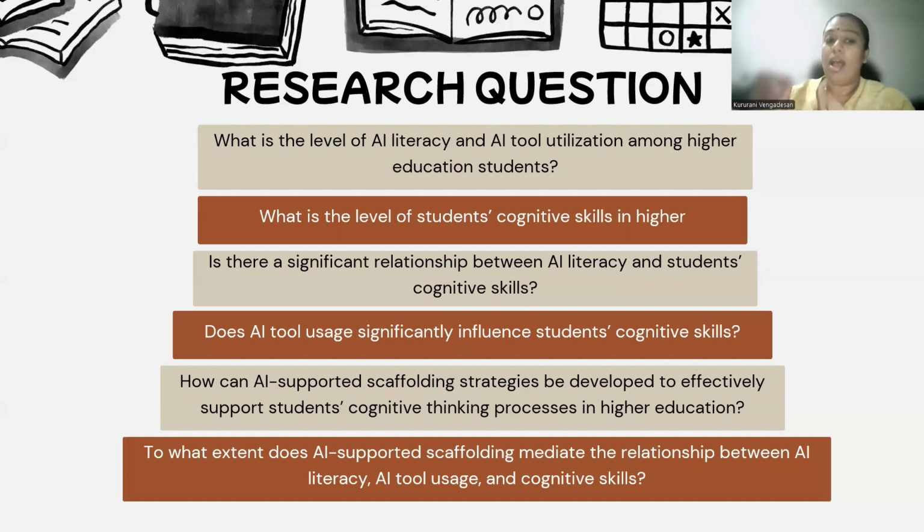Fifth is, how can an AI-supported scaffolding strategy be developed to effectively support students' cognitive thinking processes in higher education? And lastly, to what extent does AI-supported scaffolding mediate the relationship between AI literacy, AI tool usage, and cognitive skills? So these are the research questions that are going to guide my research.